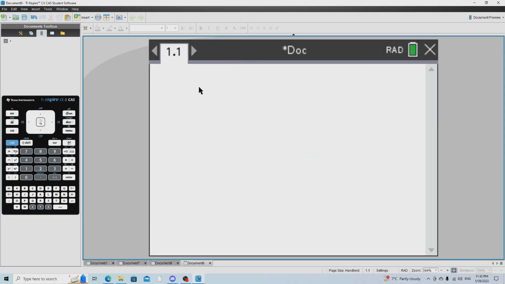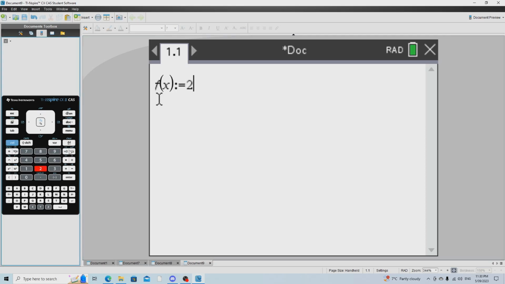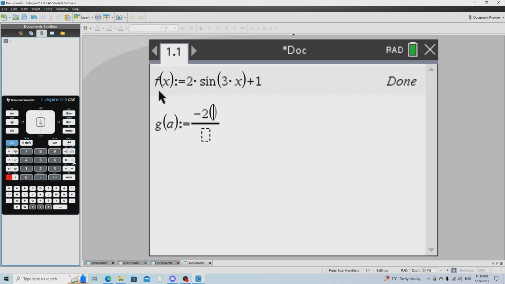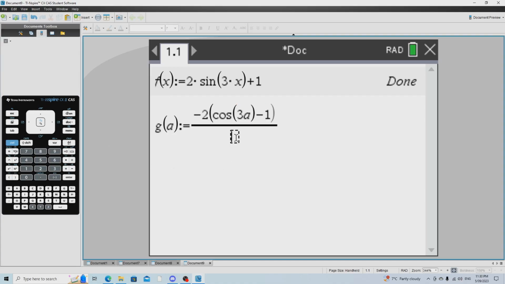So if I can just say that f of x, this is quite annoying, 2 sine of 3x plus 1. g of a is negative 2 cos 3a minus 1 over 3.